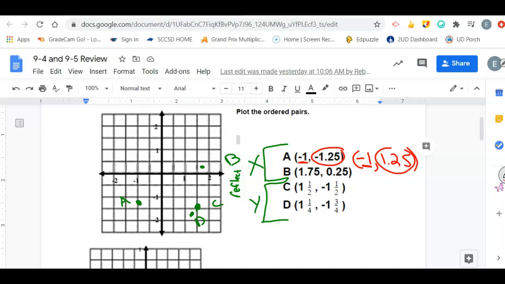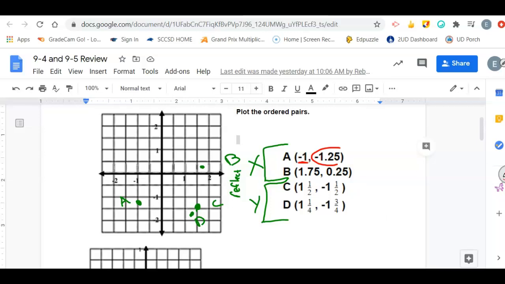What about B? What is B reflected across the x-axis? Lila. X stays the same, y becomes the opposite, so y would be, that becomes a negative. Okay. What about C? Reflected across the y-axis.